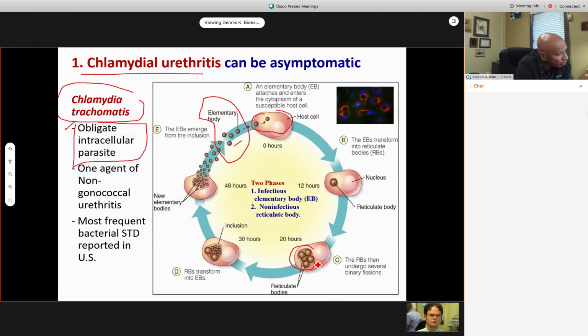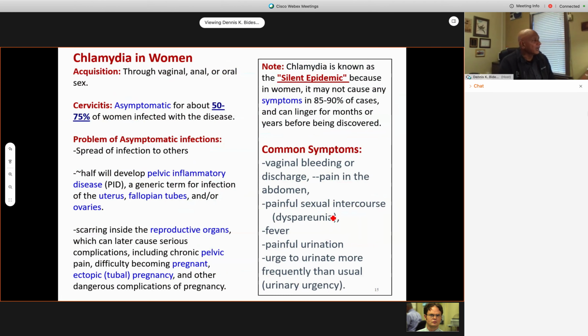What you see inside of the cell are called reticulate bodies. These are not infectious, because they are inside the cell. But at some point, it replicates to high numbers, and the cell lyses, it bursts. And what it does, it releases the infectious form, the elementary body. And of course, this causes infection. That cycle takes about 2 days to occur. All right. So I want to talk about the disease itself as it occurs in females and in males.